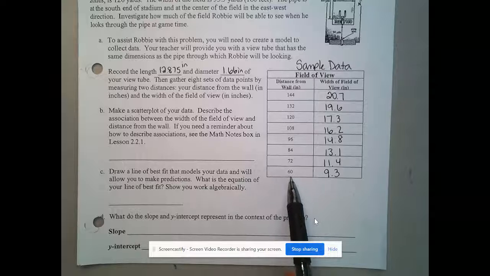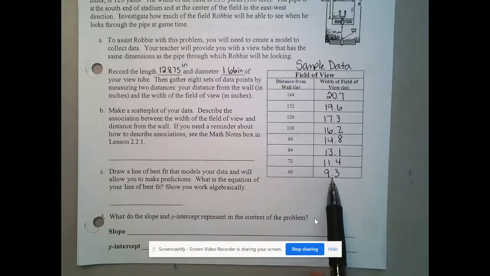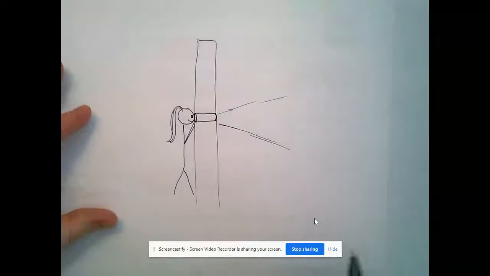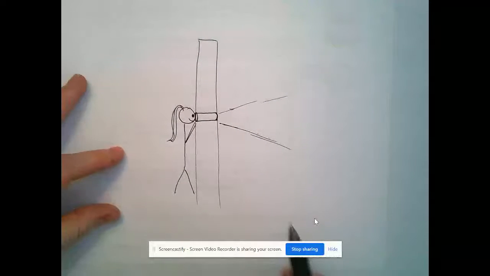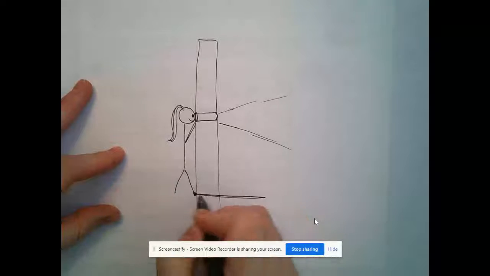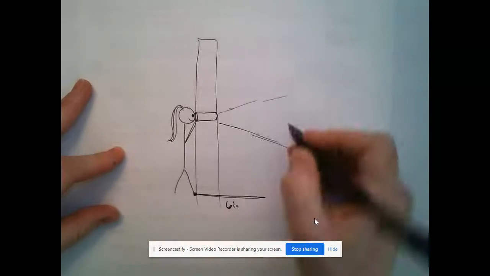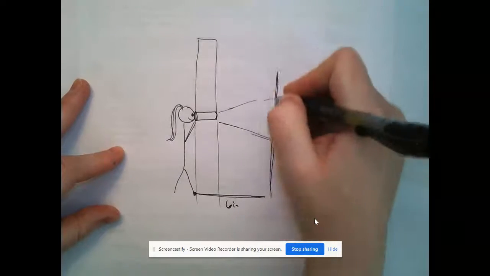When you are 60 inches from the wall, you can see 9.3 inches of field, or 9.3 inches wide of the view. So if you're looking here, what you're going to pretend is that this person's foot is 60 inches away from a wall. So we're going to pretend that there's like a wall here.